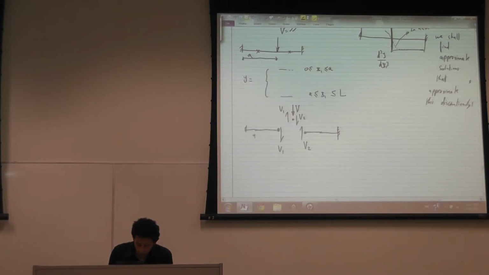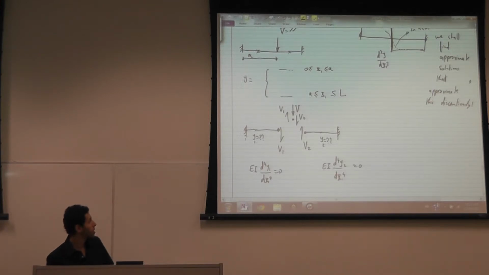I would like to find y here. The boundary conditions are as follows. This is EI. Let's call this y1. EI d4y1 by dx1 to the power 4 equals 0 because I have no distributed load. And here EI d4y2 by dx1 to the power 4 equals 0 because I don't have any distributed load.